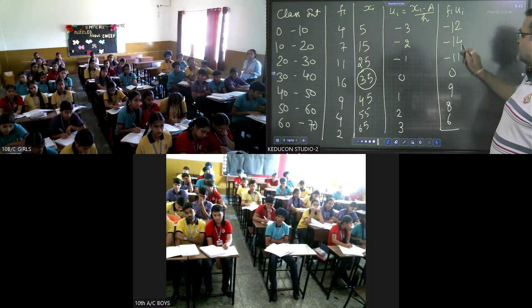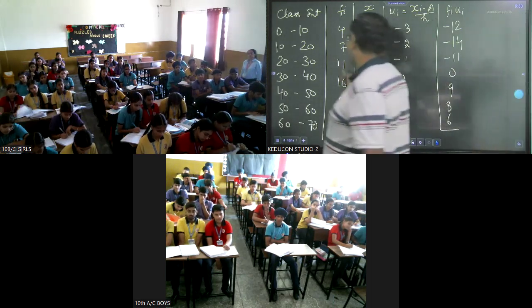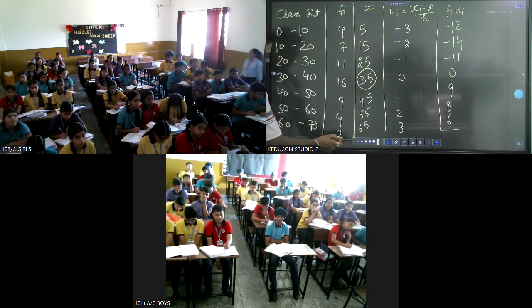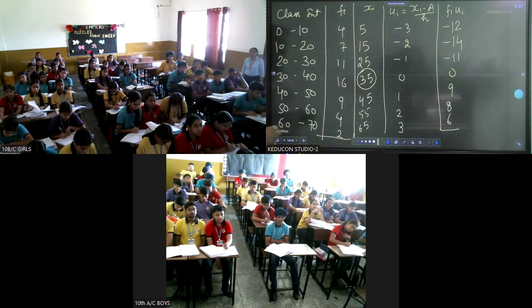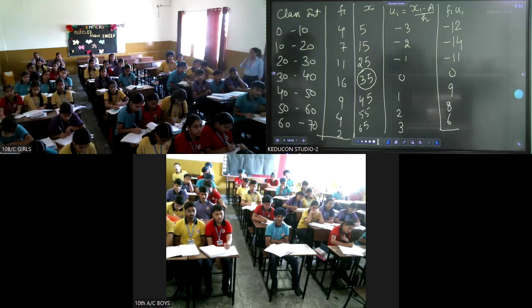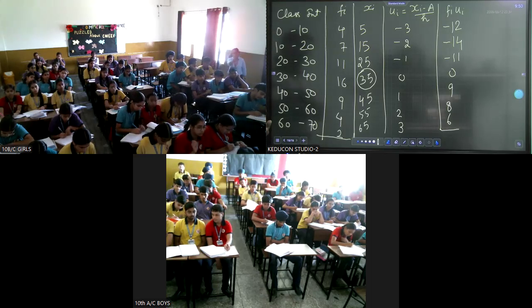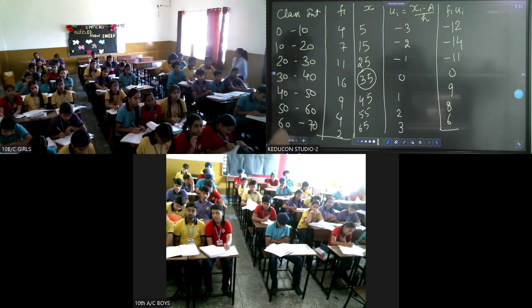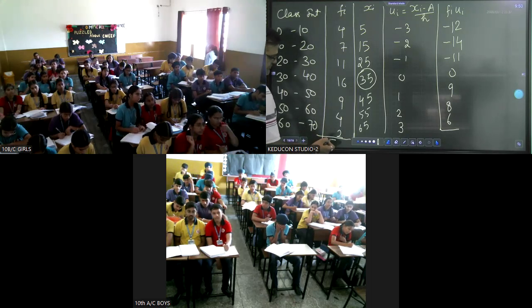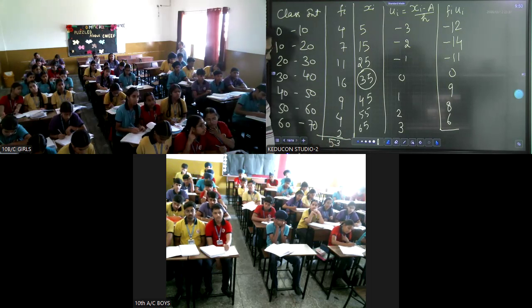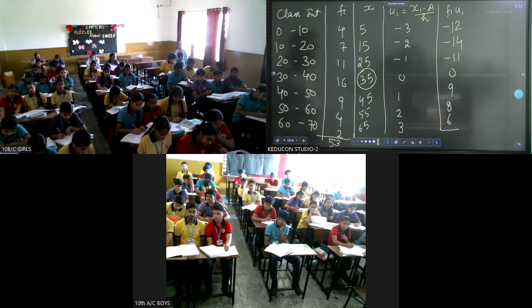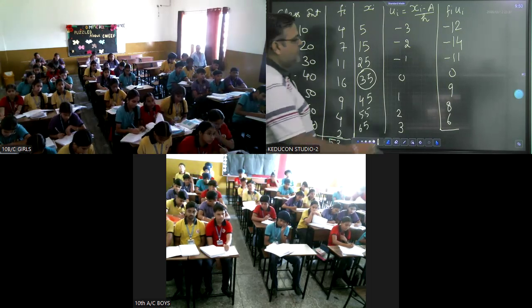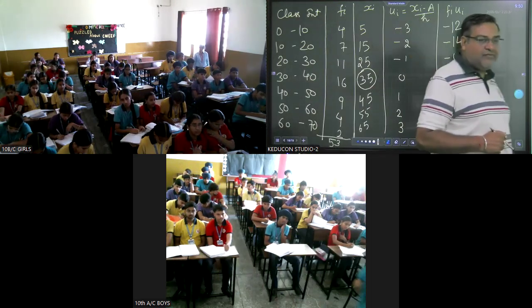The next step is the same: find the summation fi. What is summation fi? It comes out to 53. So what will be summation fi ui?